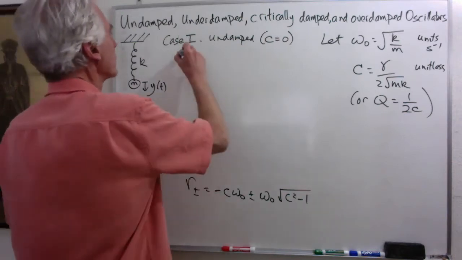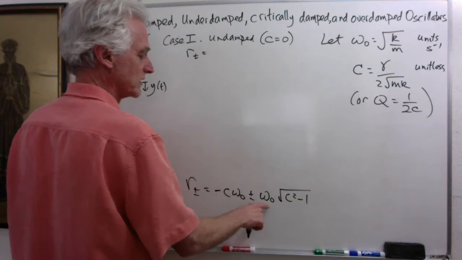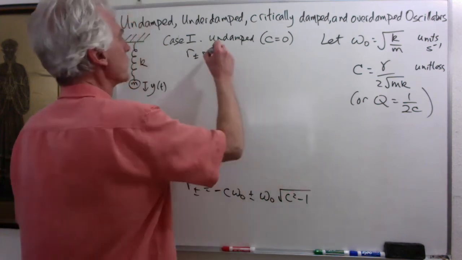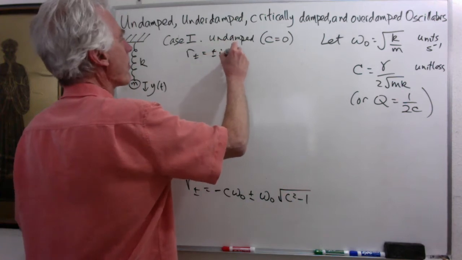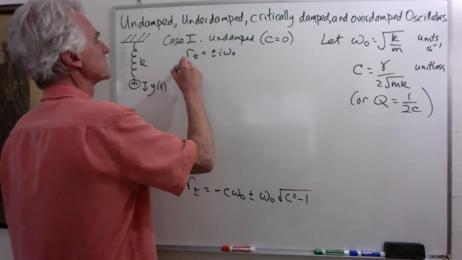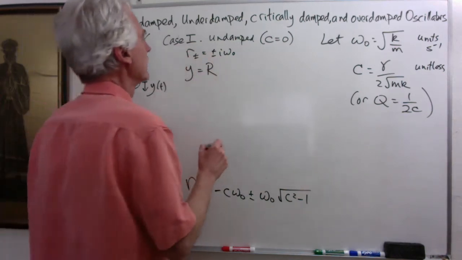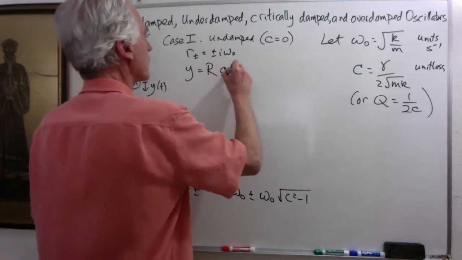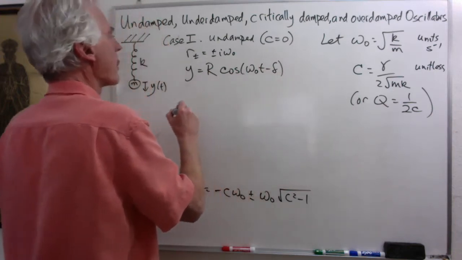Okay, well the roots r plus or minus are 0 plus or minus omega naught times the square root of negative 1. That's i. Okay, that's kind of familiar. We know that the general solution is y is, I'm going to write that nice angle, radius angle formula, cosine of omega naught t minus delta.